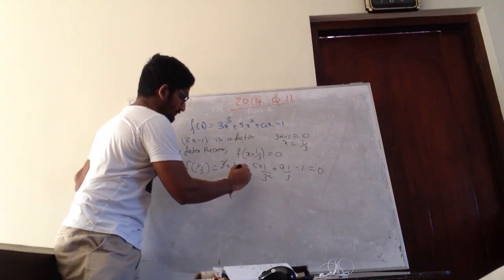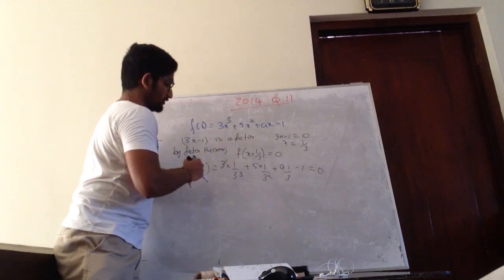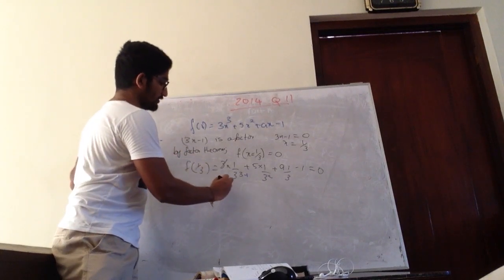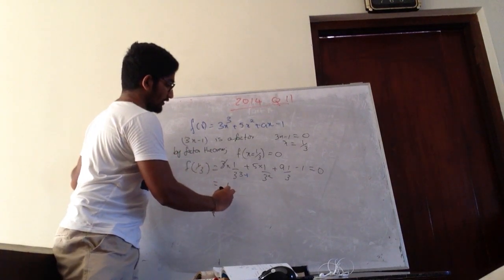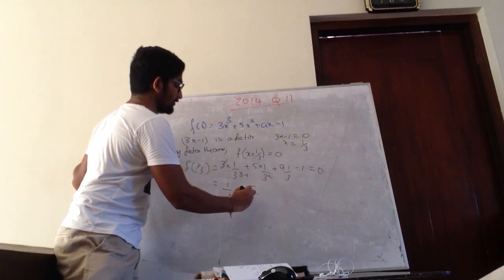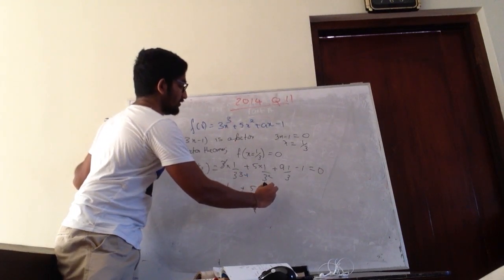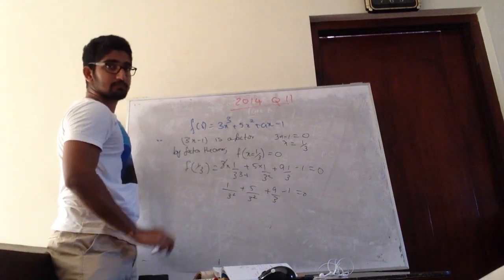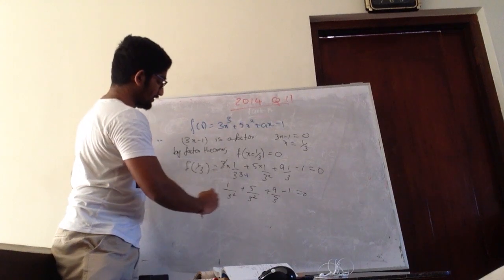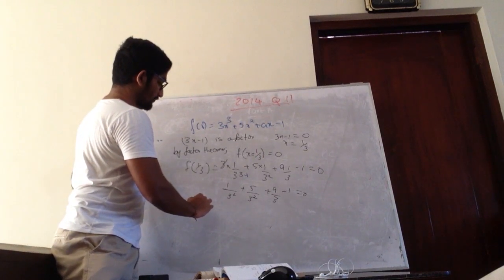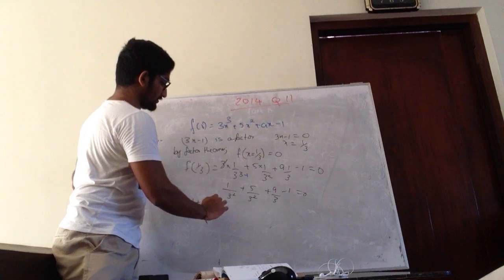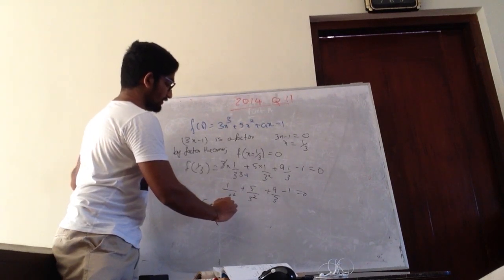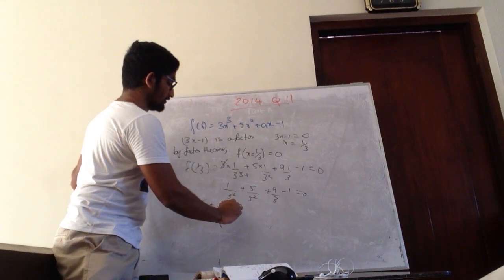So this will become 1 over 3 squared plus 5 over 3 squared plus a over 3 minus 1 is equal to 0. So I am going to multiply the whole thing by 3 squared, that is 1 plus 5 plus 3 squared times a over 3, minus 3 squared is equal to 0.